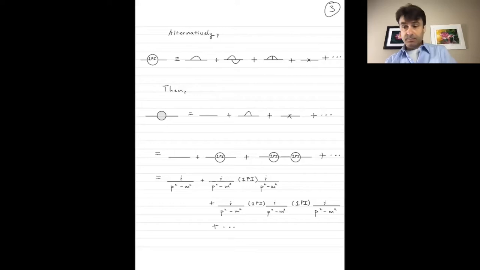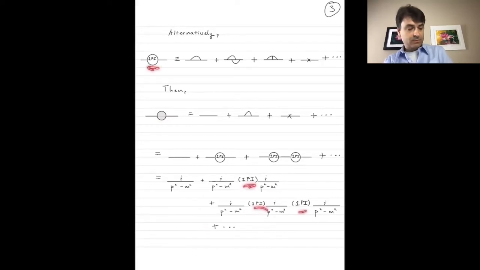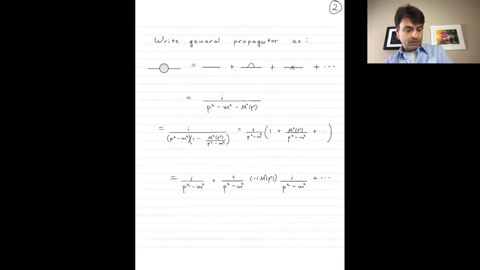And the reason that I'm doing that is because, well, here's the actual expression that I get if I do that. So 1PI here means these graphs, or this sum of graphs. And the reason I'm doing that is because now I can compare back to what I wrote back here and see that those 1PI diagrams are just minus i times what I had in this denominator up here.